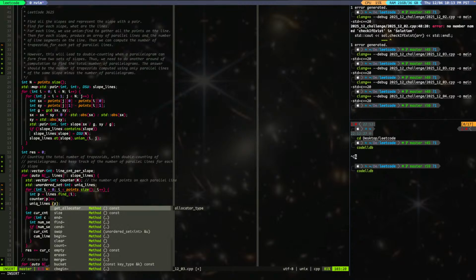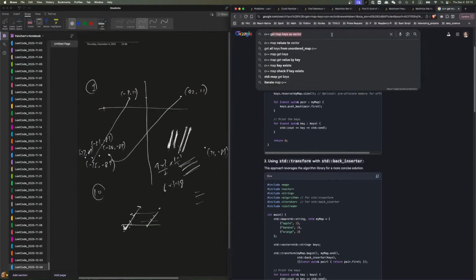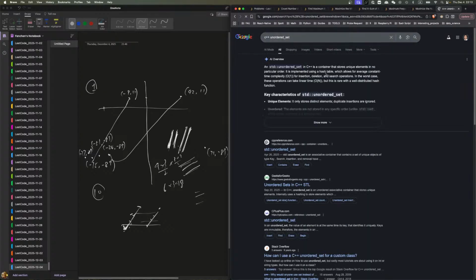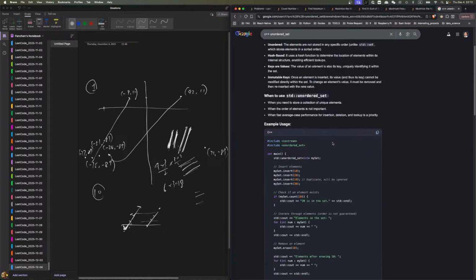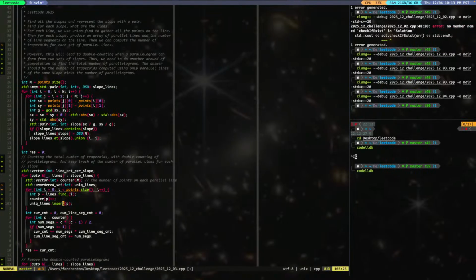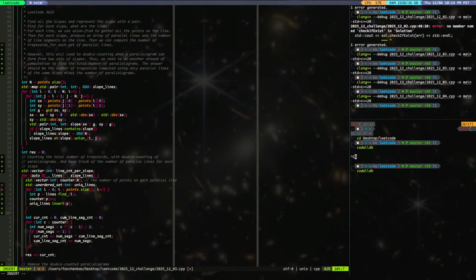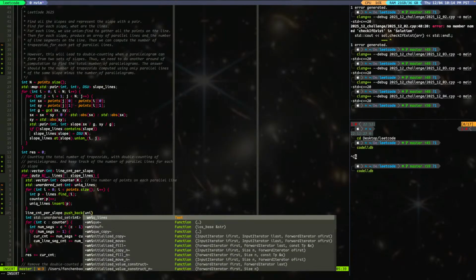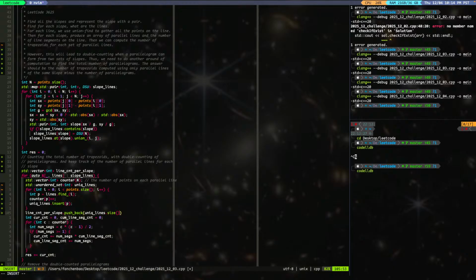I don't know. Wait. Unordered set. Is that add? Insert. So yeah, we insert. Once we're done, so we know how many. Then we say line count dot pushback unique lines dot size.